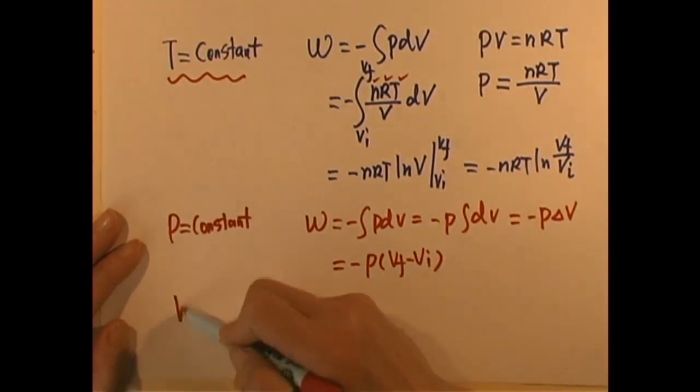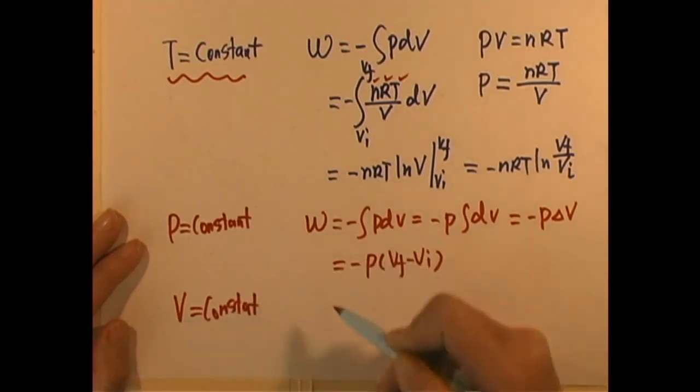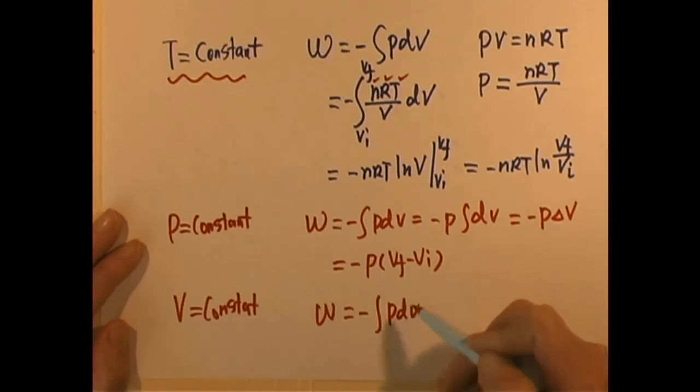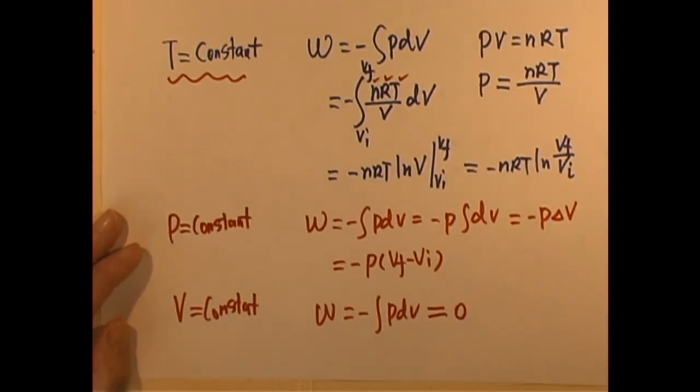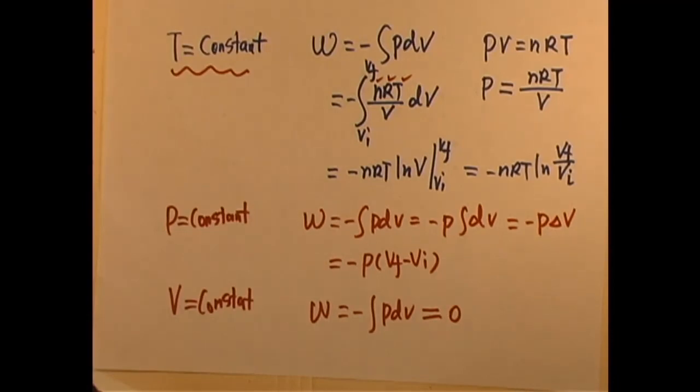And obviously, if volume is constant, then there's no work done, because work done is negative integral of P dV. You don't have dV, so that's equal to 0. So those are the three common procedures for calculating work done. And the next chapter will address how we calculate work done for an adiabatic process. That is not hard either, but we will discuss that in the next chapter.